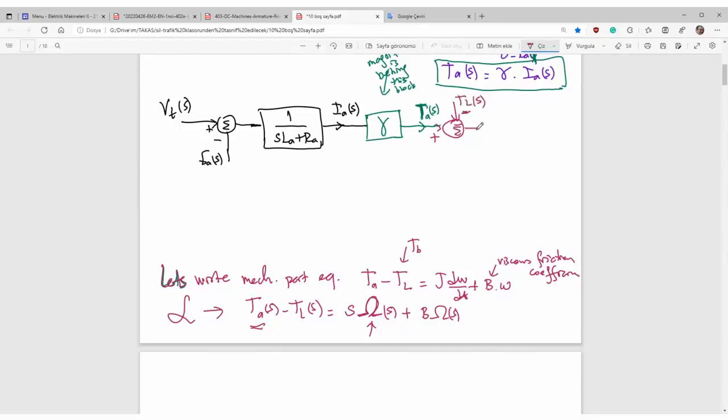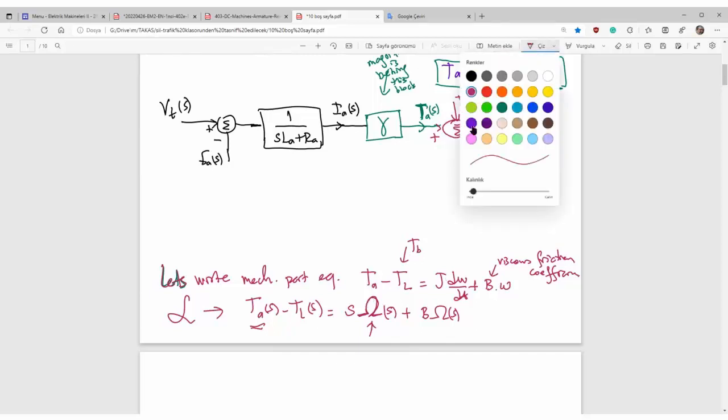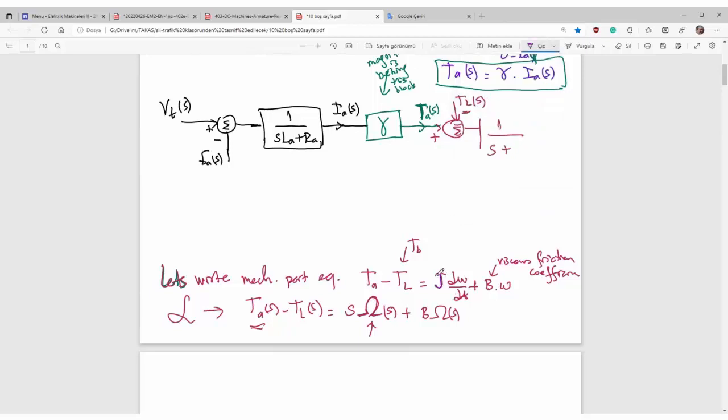The result will be divided by 1 over S plus B, something must be J. I have forgotten J. Let me complete the equation. Here is J. So here is JS plus B. Finally, you have got the angular speed of the shaft in the Laplace domain.